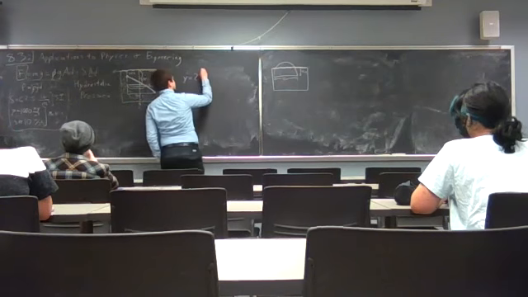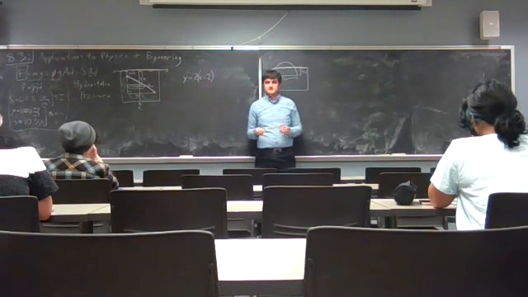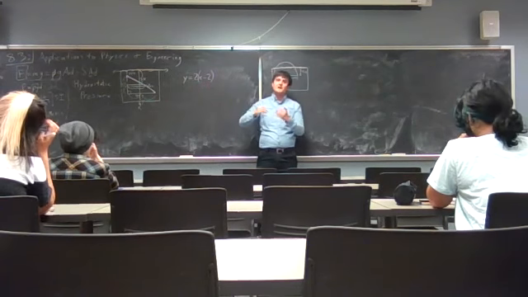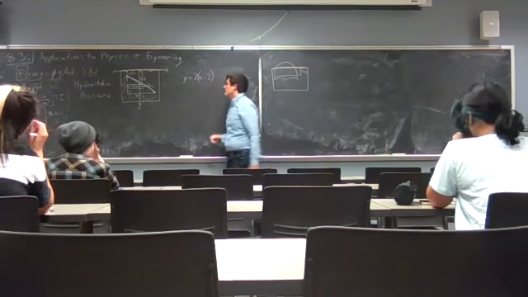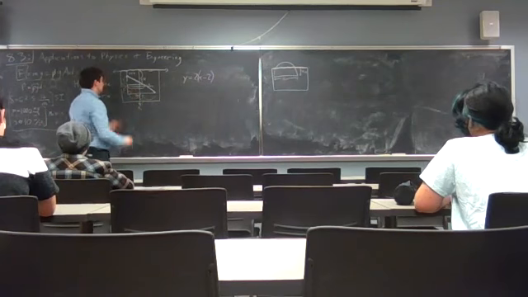So instead of 2x, I want to do 2x minus 2, if that makes sense. I'm just going to shift it a little bit, so instead of starting at 0, I'm going to start at 2, and then work my way down. Okay, so that is my equation.